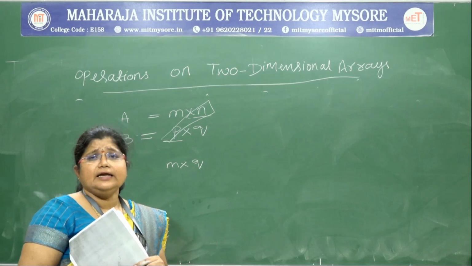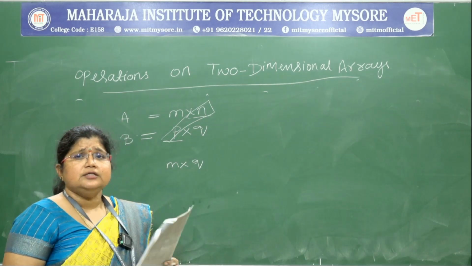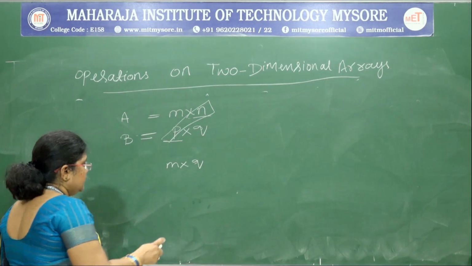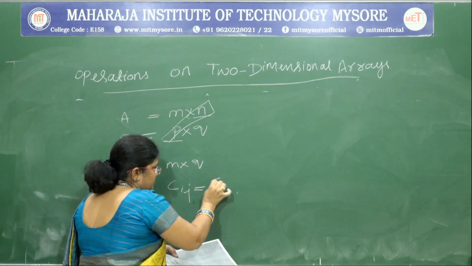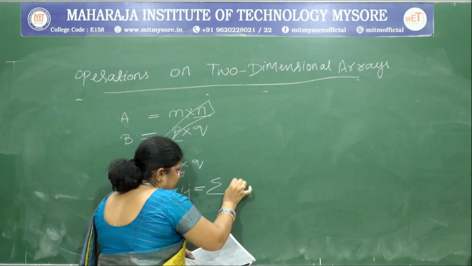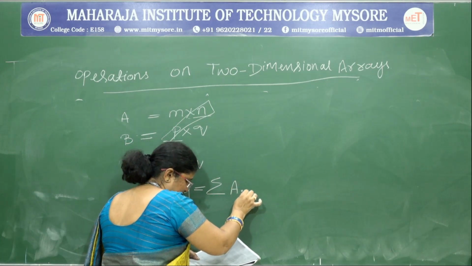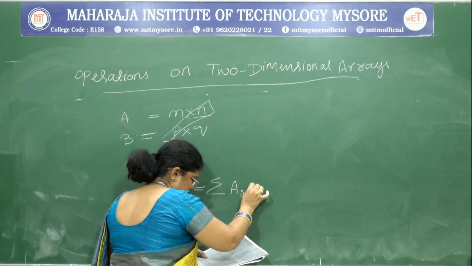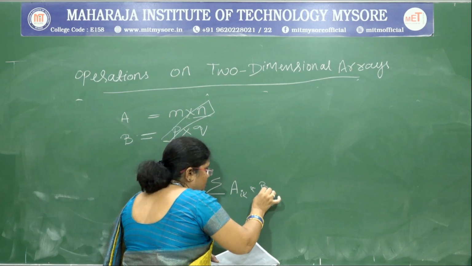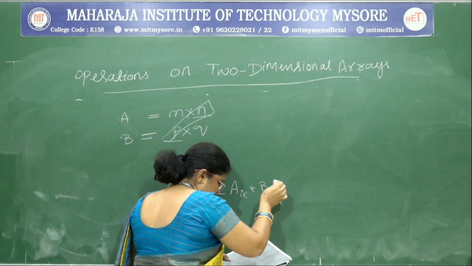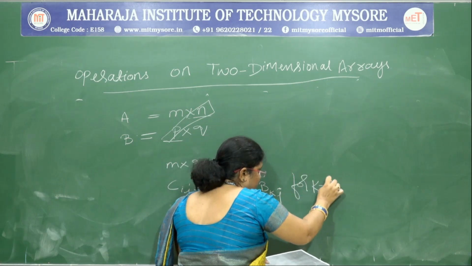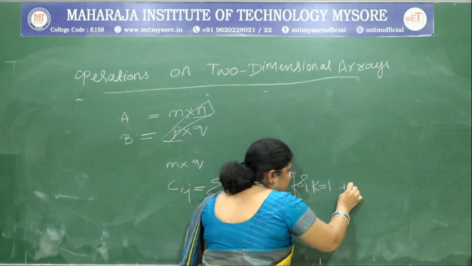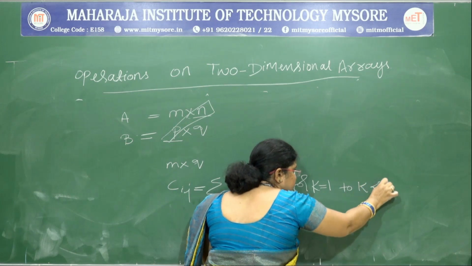And to calculate the matrix operation, the formula which we are going to follow here is Cij is equal to summation of A of Ik into B of Kj for k is equal to 1 to k is less than n.